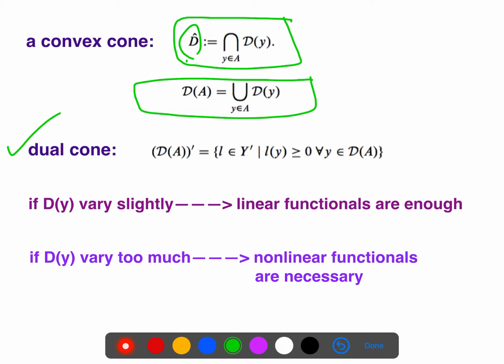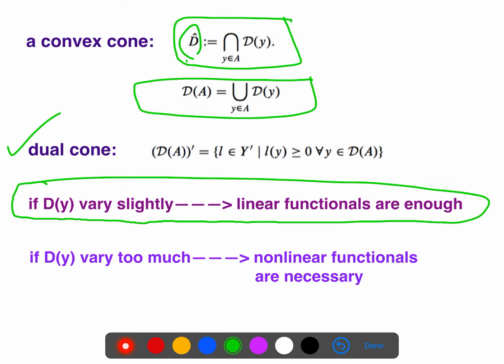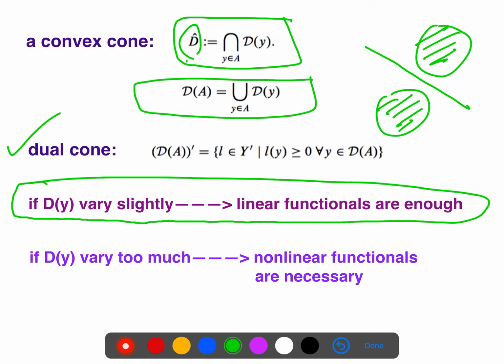It is interesting that if D of y, the set valued map, varies very slightly, then even linear functionals are enough to separate these convex sets. So you see how linear functionals are enough for convex sets. But for a non-convex set, or when D of y varies too much, then you need to use nonlinear functionals.